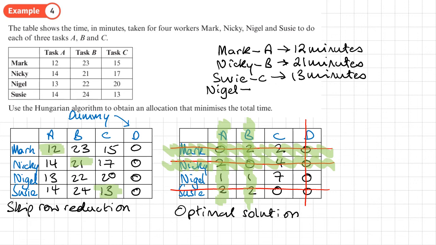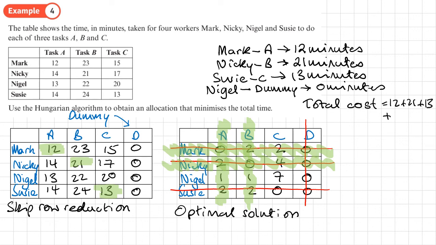He gets allocated to the dummy task, and that's at a cost of 0 minutes. So he gets the day off. So total cost is going to be 12 plus 21 plus 13, and that is 46 minutes.